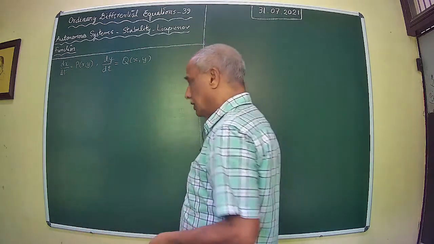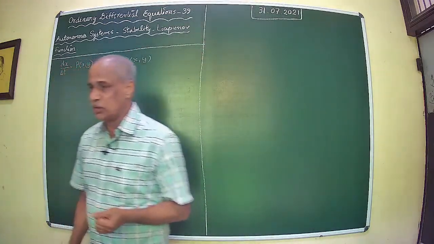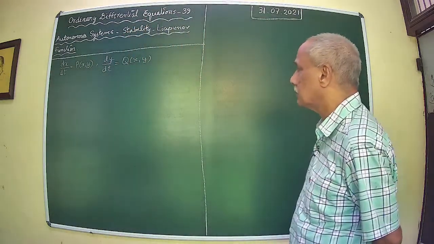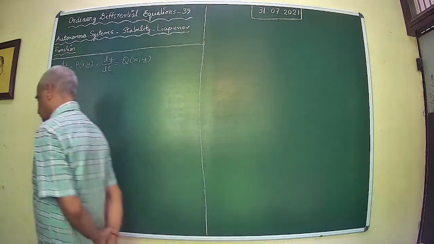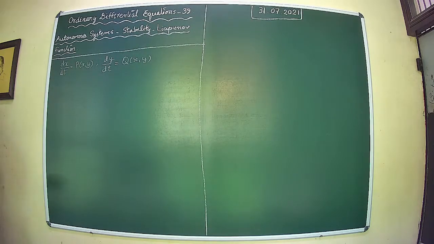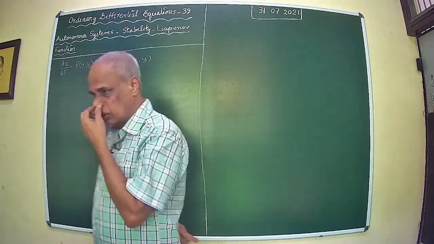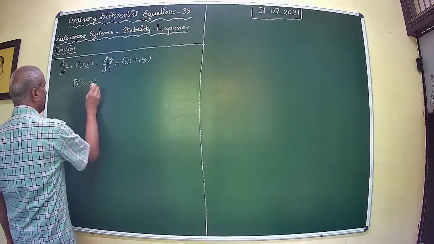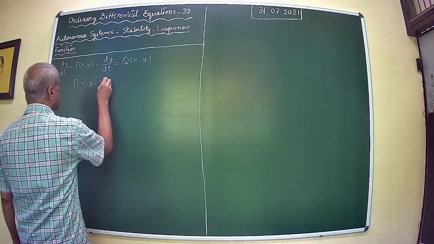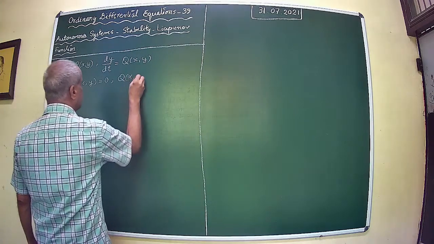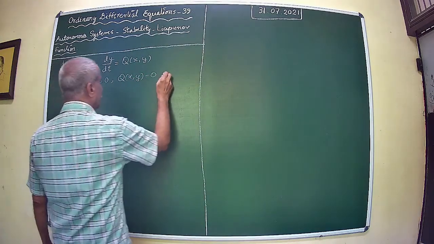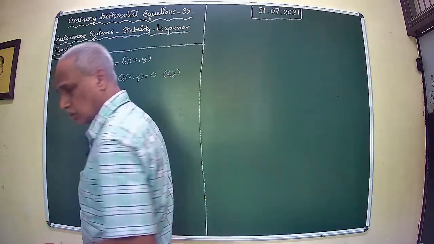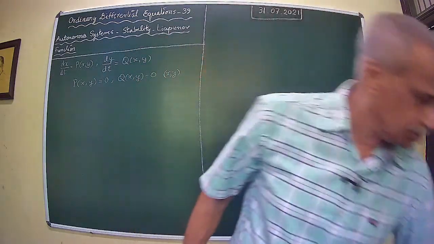Now we have P and Q with continuous partial derivatives in some neighborhood of (0, 0), and we assume P(x,y) equal to 0, Q(x,y) equal to 0, or I'll just write P(0,0) equal to 0, Q(0,0) equal to 0.